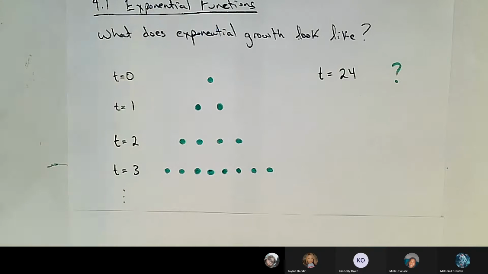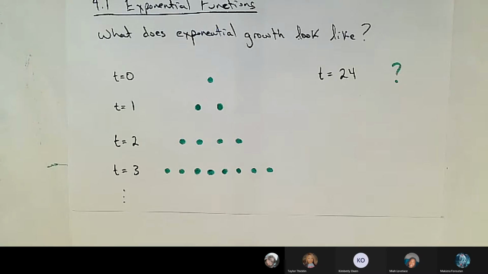Okay, so the way we figure this out is, well, we could just count it up, right? We could just keep this pattern going until we get to t equals 24 and see how many we have then. But you may already have a feeling that this would be a huge number, right?